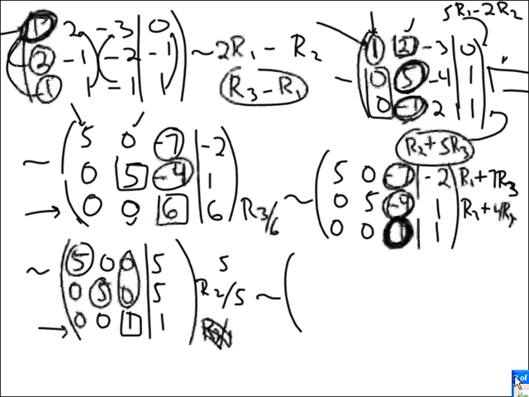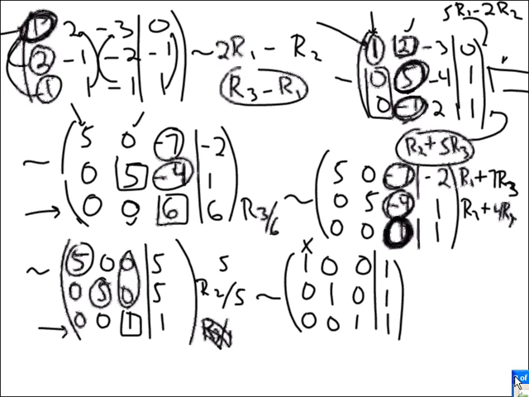So what we get is 5 divided by 5, 0 divided by 5, 0 divided by 5, 5 divided by 5; in row 2, 0 divided by 5, 5 divided by 5, 0 divided by 5, 5 divided by 5. And row 3 did not change.